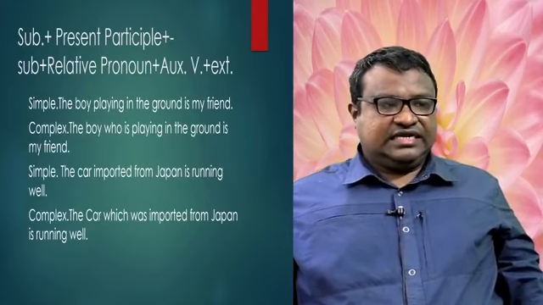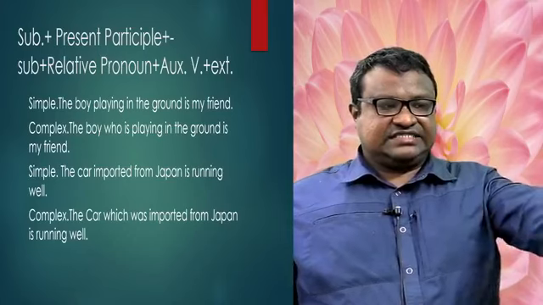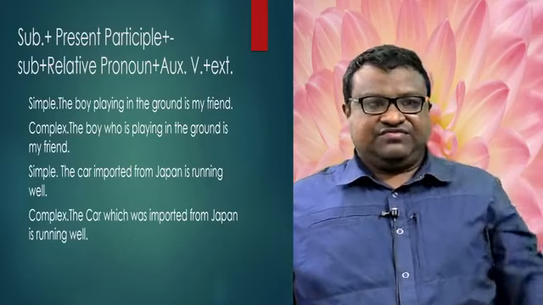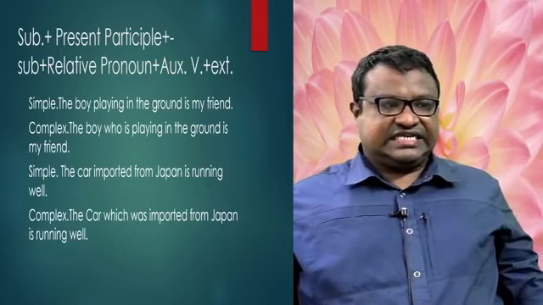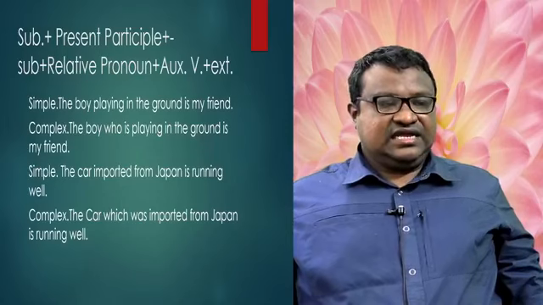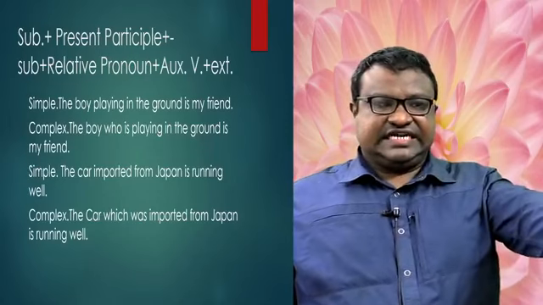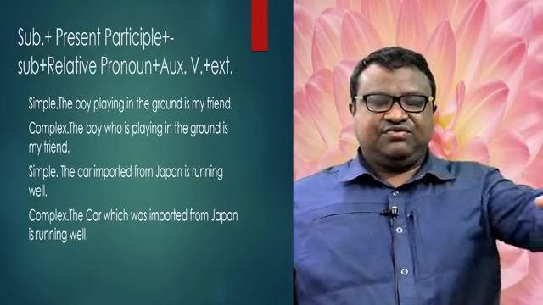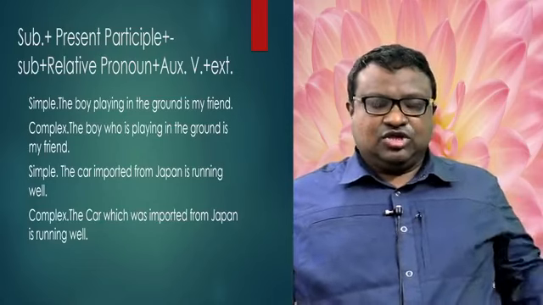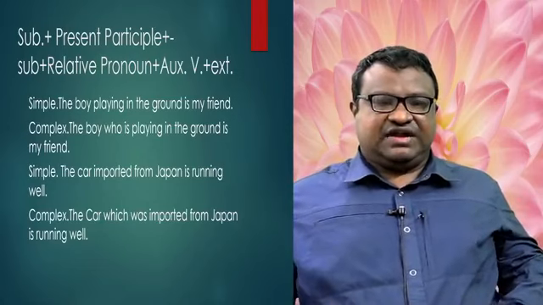So here it is subject plus relative pronoun plus auxiliary verb. The auxiliary verb is "is," and then main verb plus ing, that is the present participle, and then we are bringing the extension part. So we will not change the verb at all.